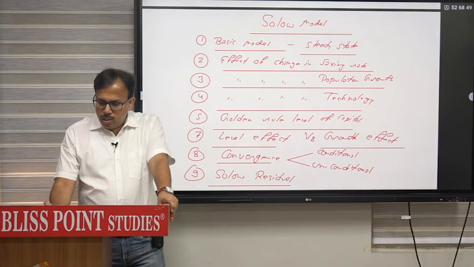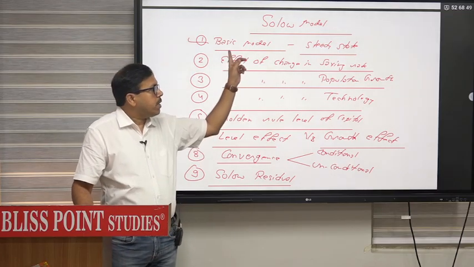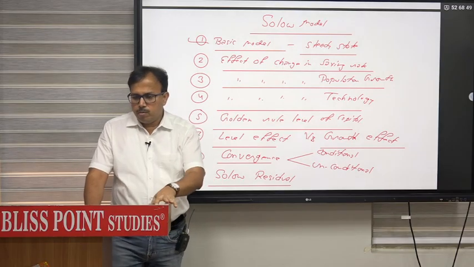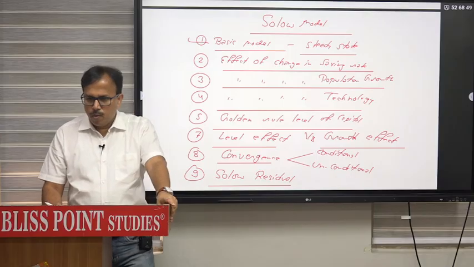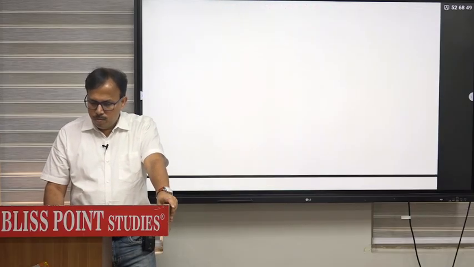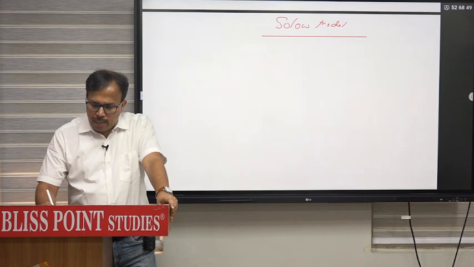Clear. So we start first with the basic model, the first one. Write this heading: basic model. First thing about the Solow model is that it is an example of a neoclassical model.